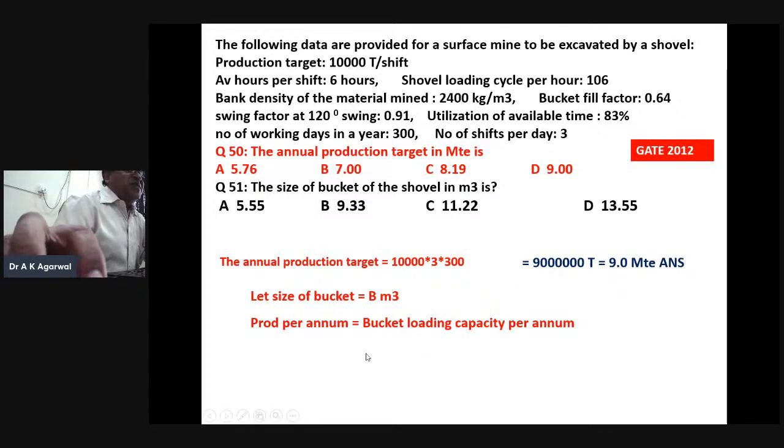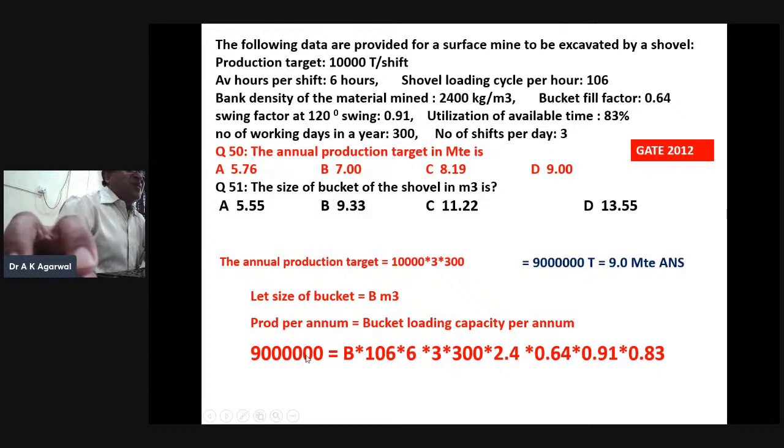Okay, let us put all these values. It's very straight. 9 million ton is equal to, where B is the bucket capacity. Shovel loading cycles per hour is 106. In one shift there are 6 hours, there are 3 shifts, and in 1 year there are 300 working days.